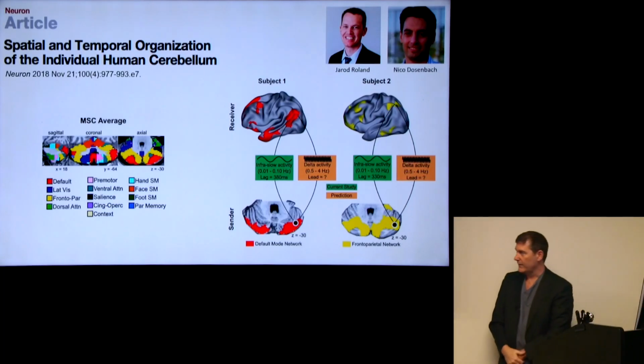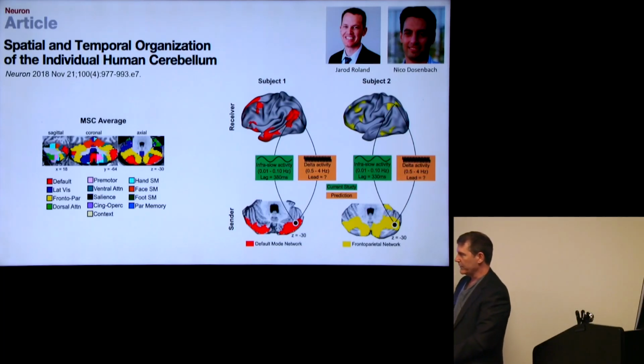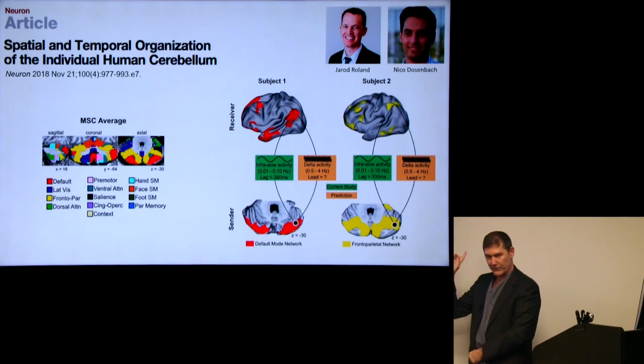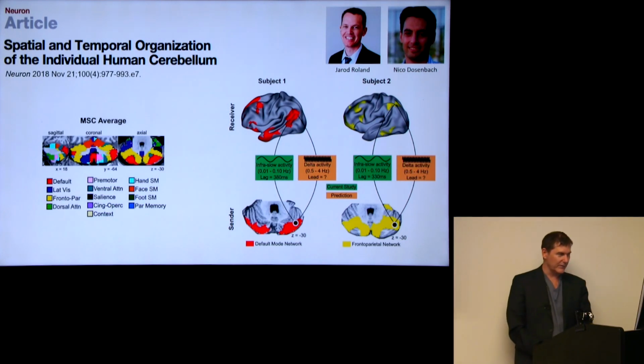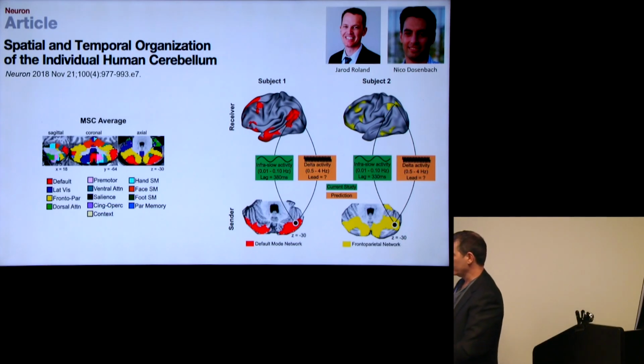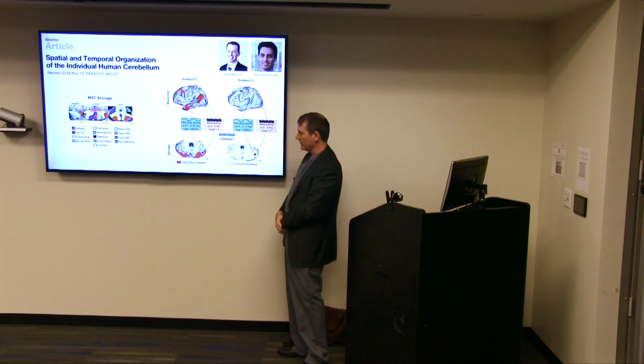These are my colleagues, Jared Rowland and Nico Dosenbach, and Scott Marek, who's not pictured here, who really have done this groundbreaking research to use precision mapping of the brain using resting state functional connectivity in order to understand how Chiari affects the brain. This is really, I think, really interesting.